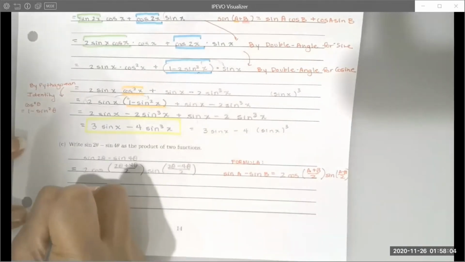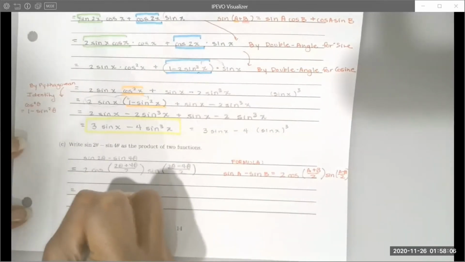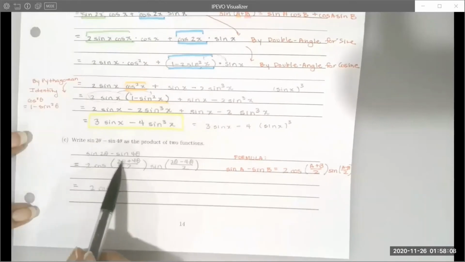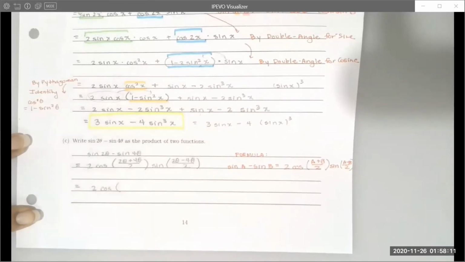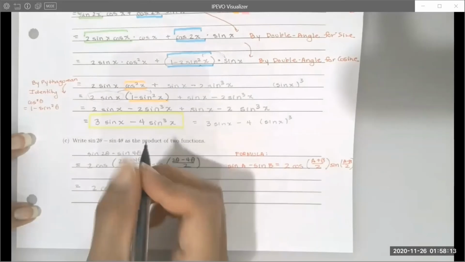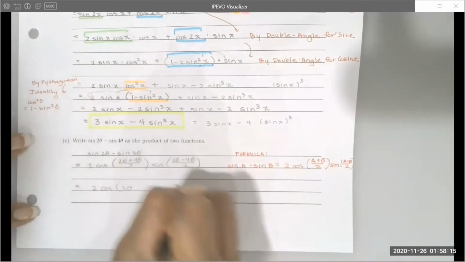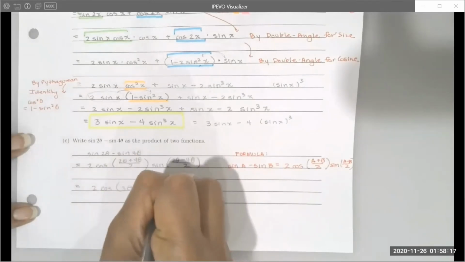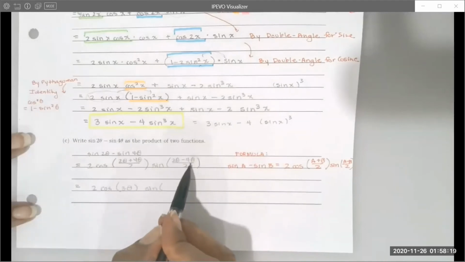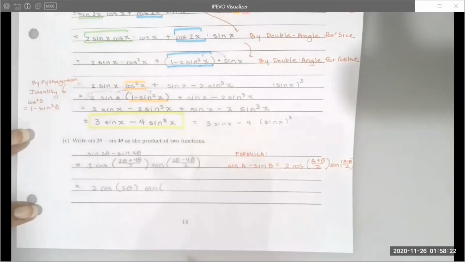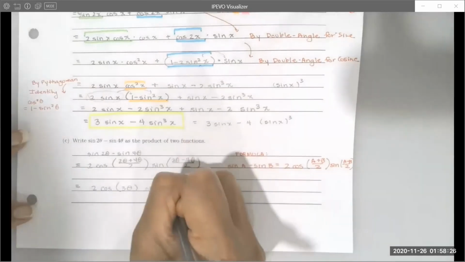And that's going to give us a 2 times cosine. Again, 2 theta plus 4 theta is 6 theta, and 6 divided by 2 is 3. So we'll have 3 theta times sine of 2 theta minus 4 theta, which is negative 2 theta, and then negative 2 divided by 2 will just give us negative 1 theta.